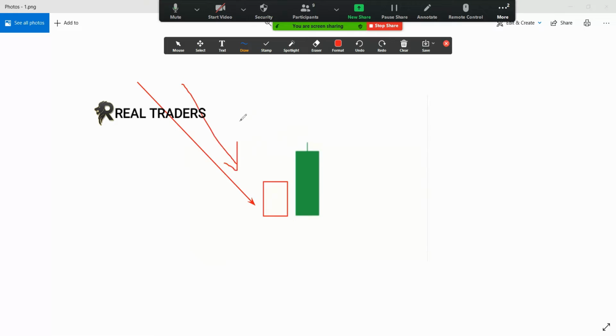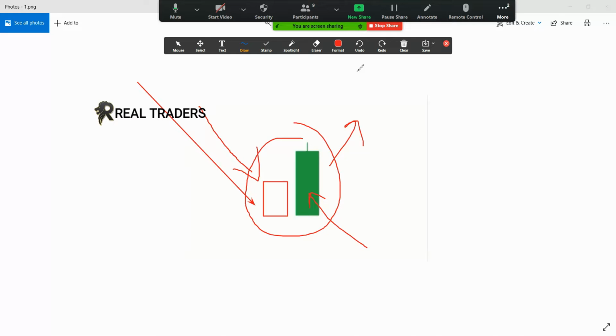I will show you some examples also, so don't worry, you will understand clearly. Suppose this is a strong bearish momentum, we have a strong downtrend, and you saw this engulfing these strong sellers. Can we go with the buyers on the next candle?